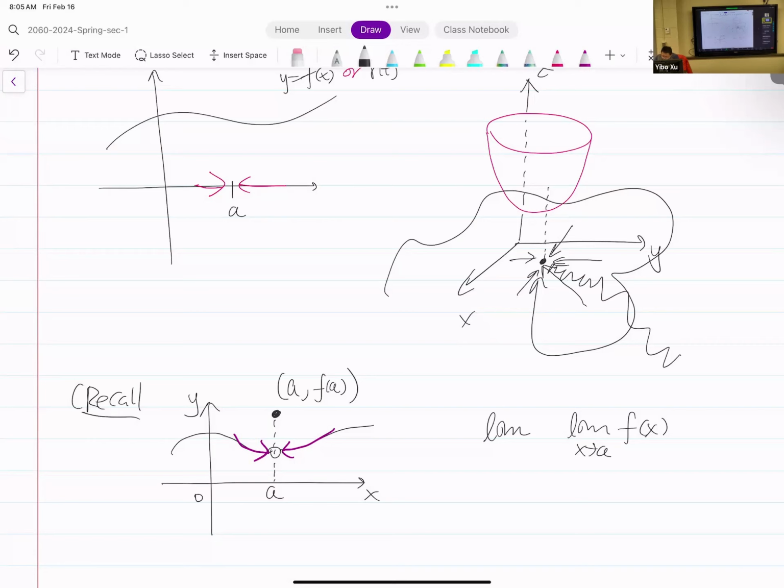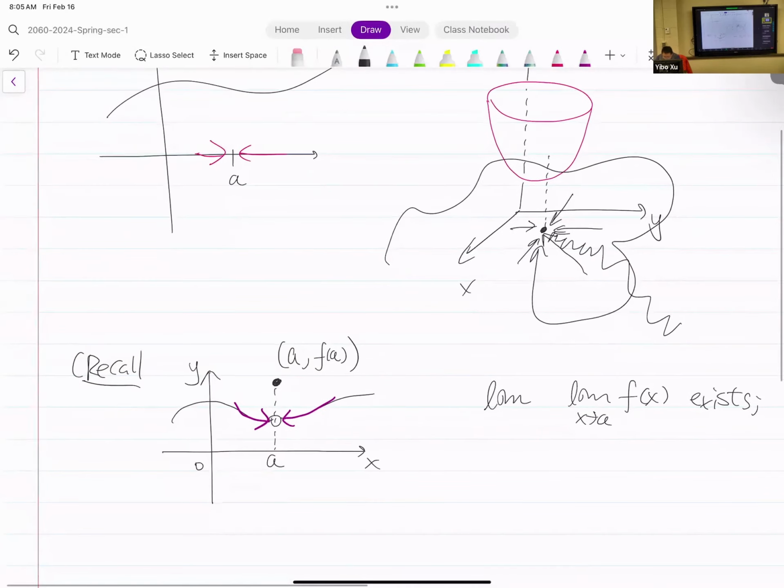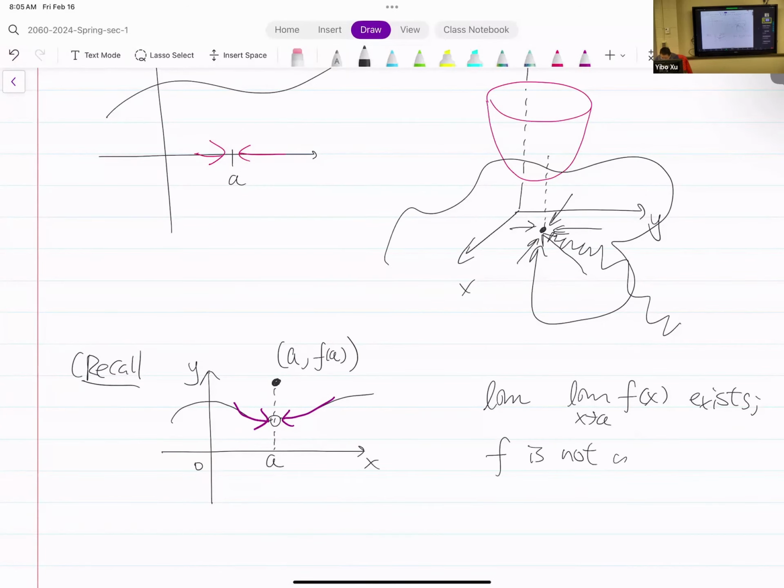Of course, for a vector function, it's the same kind of notation, and the concept is also really similar because there's only one variable. So in this situation, the limit exists, okay? However, f is not continuous because the limit does not agree with the functional value at x equals a.